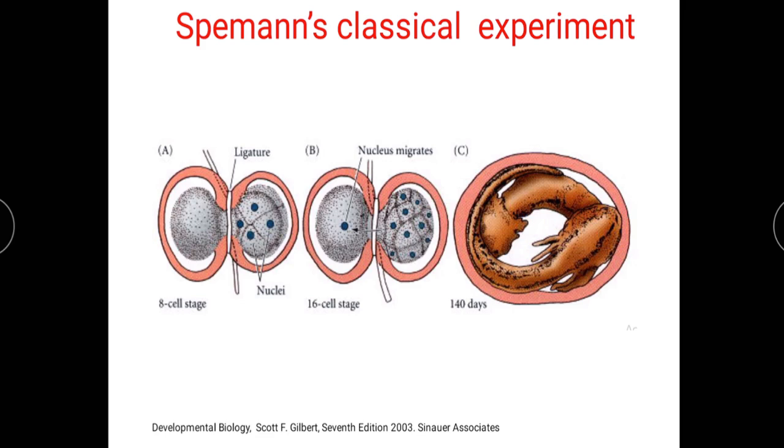The difference is that the one having more cells is a little bit older than the other. Spemann concluded from this experiment that the early amphibian nuclei are genetically identical, and each blastomere is capable of giving rise to the entire organism. Every cell has that potential.